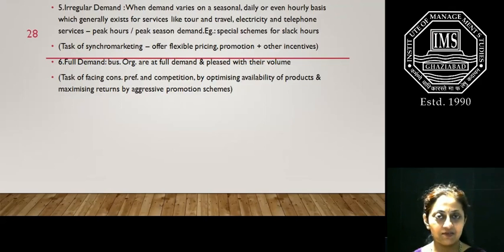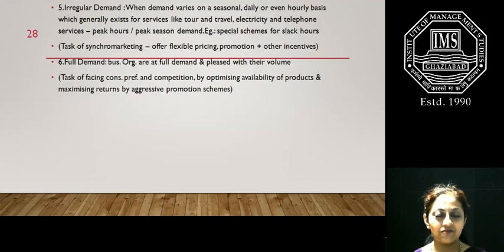The organizations are at full demand and are actually pleased by the volume which is generated. So, what is the task of a marketing manager in such a situation? They would like to remain in this situation for a long period of time.